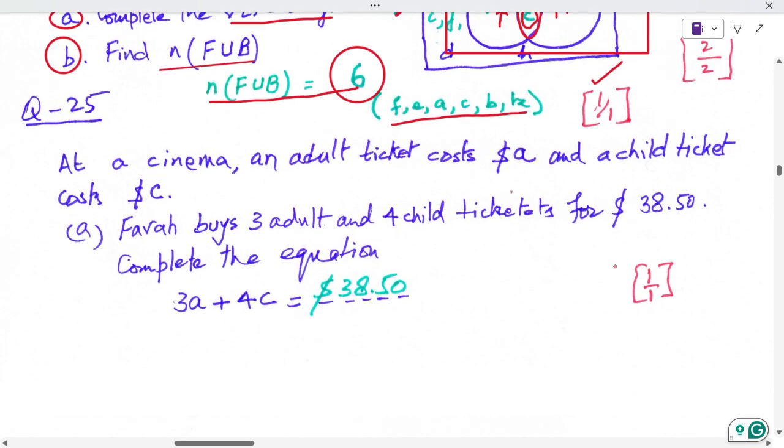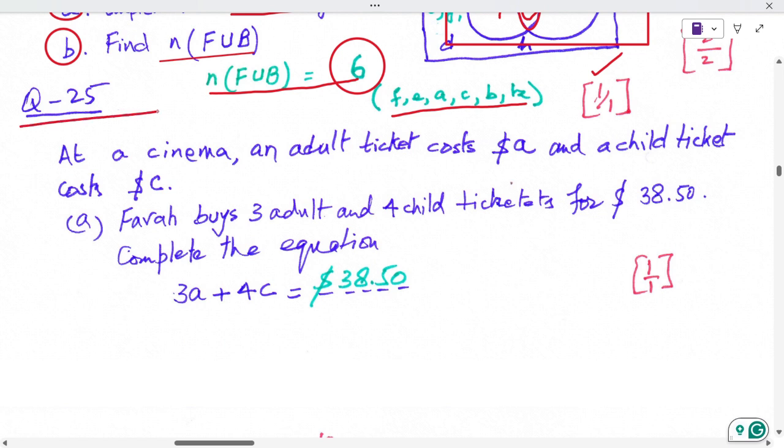Question number 25 is about solution of simultaneous equations. I have already uploaded a complete lecture and examples on how to solve simultaneous equations by either of the two methods. So I read the question.